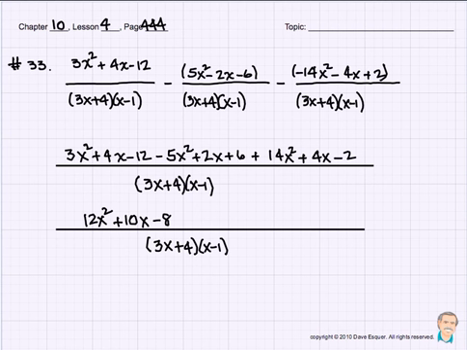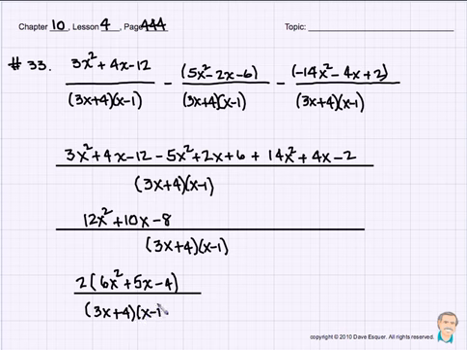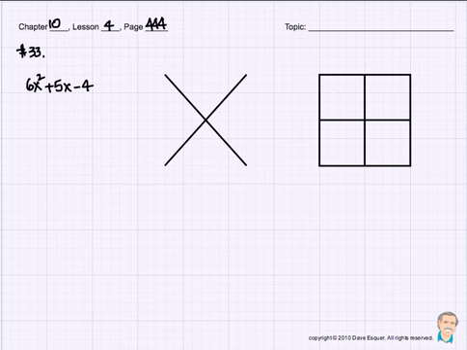We have the quantity, use my ruler again. We're going to factor out a 2 off the top, which ends up with a 6x squared plus 5x minus 4, and we're going to have in the denominator a 3x plus 4 and an x minus 1.